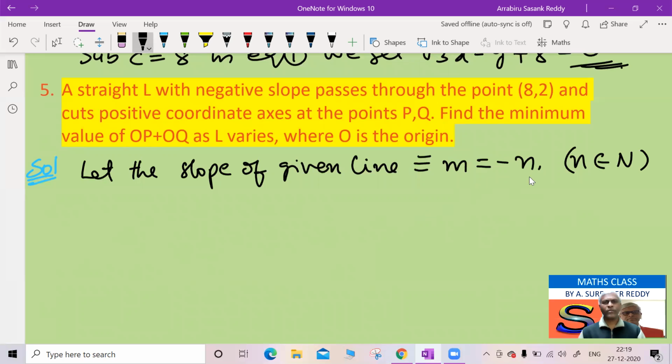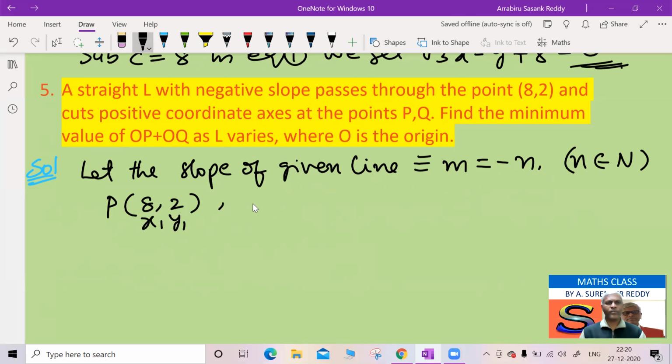Let us take the slope as minus n, and a point is given. This line passes through (8, 2), where 8 is x1, 2 is y1.